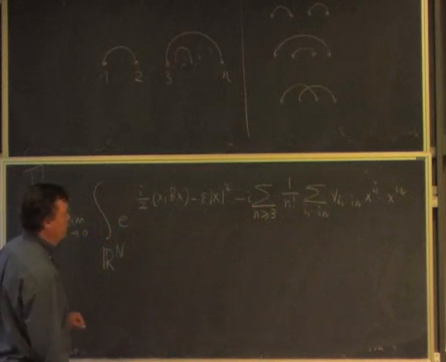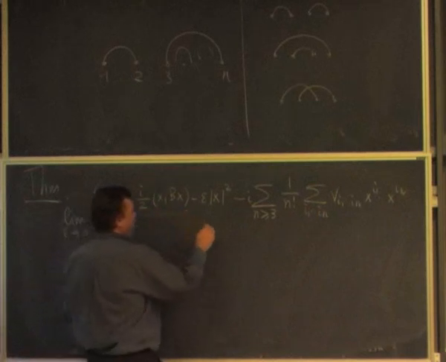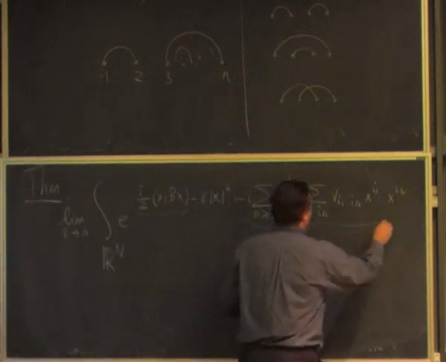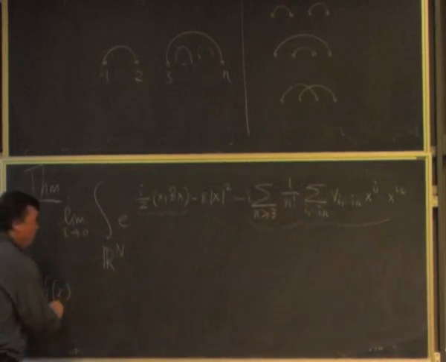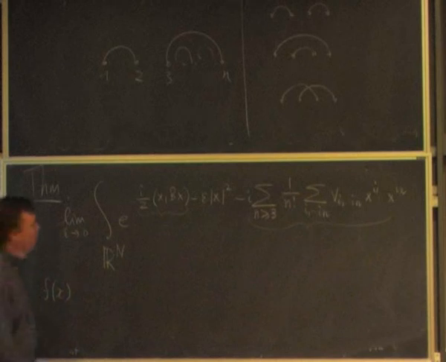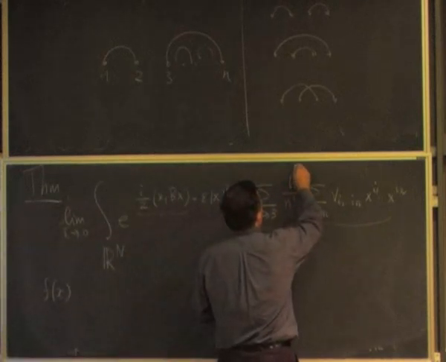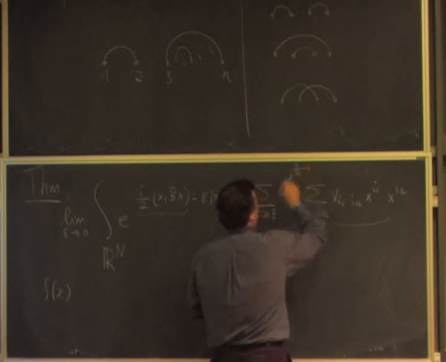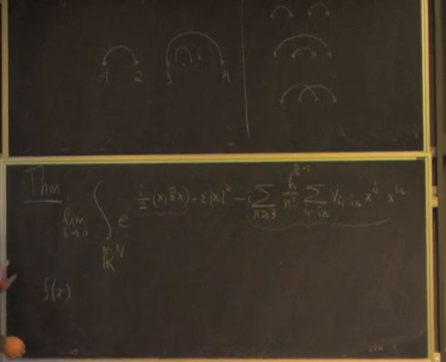So these expressions, this and this, you can think of this expression as there is also h to the power n over 2 minus 1. It's a formal power series in h.